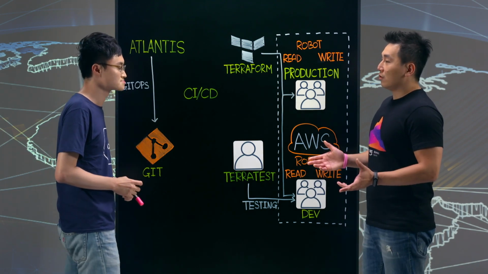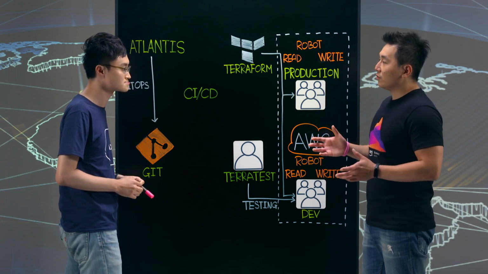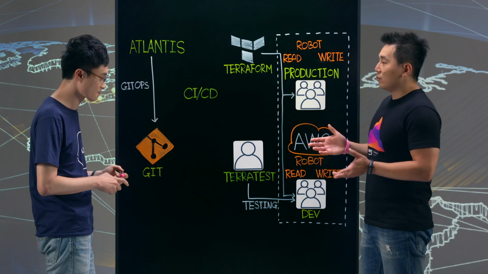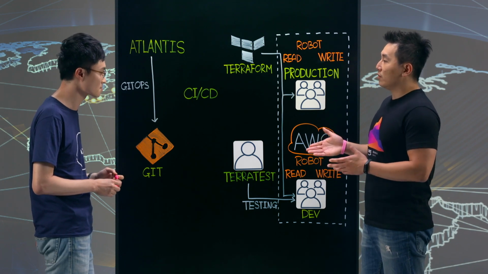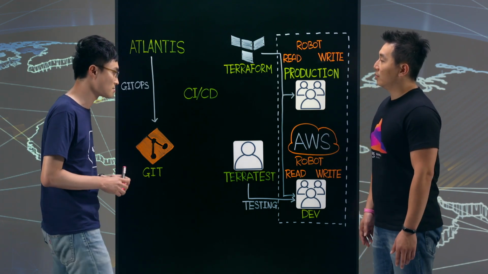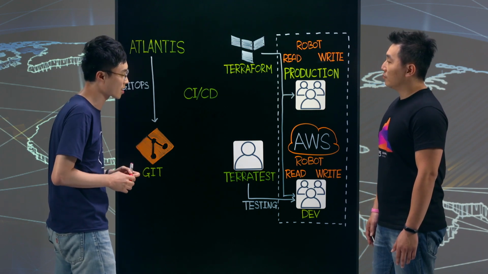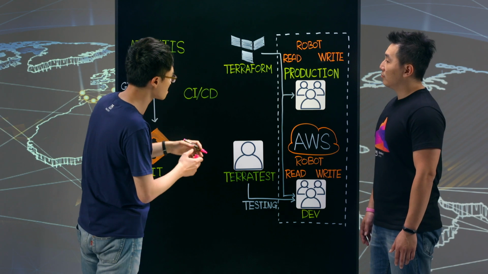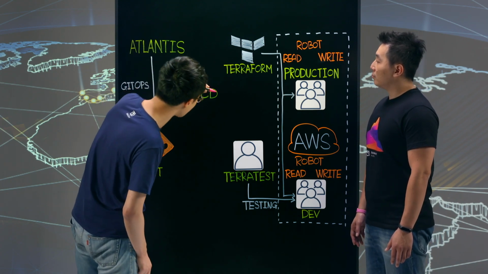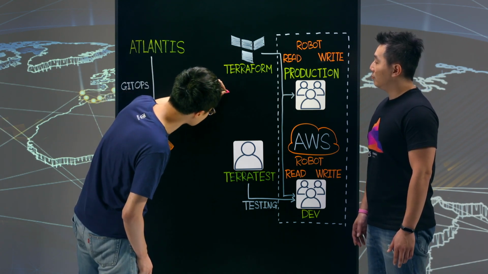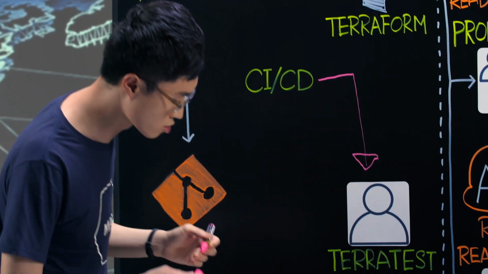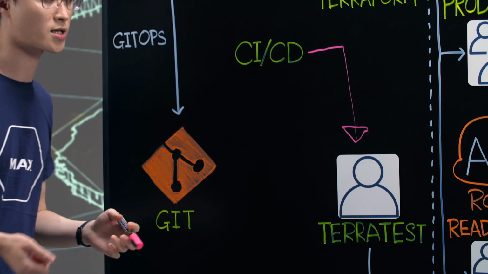No doubt. So infrastructure is just like another software application product in MaiCoin. So how can you ensure the quality of this product? Yeah, quality is an important thing in our company. So when someone changes the Terraform script, the CI/CD framework will trigger the testing framework called Terratest to perform the testing. And what is Terratest?